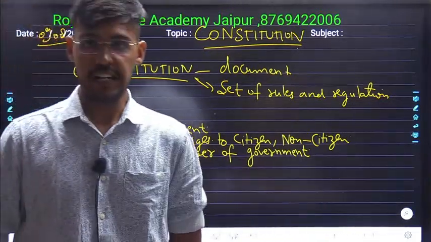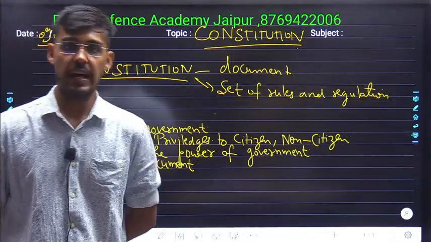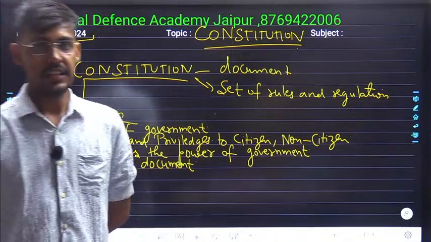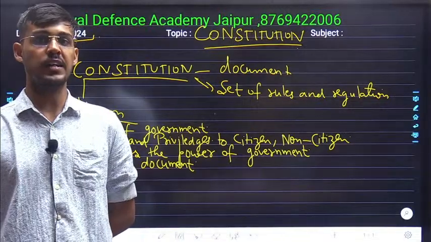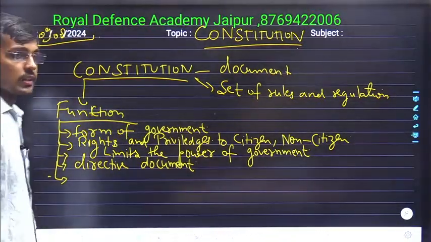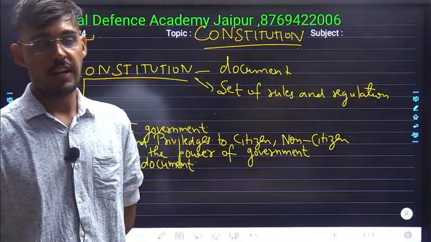We have to protect our environment. We have to give the chance of education to everyone till the age of 14 years. These are all mentioned in Part 4A of the constitution, that is Article 51A. So the constitution also defines the fundamental duties.